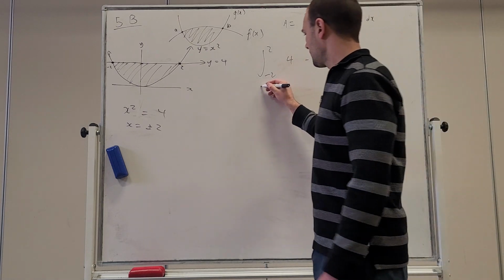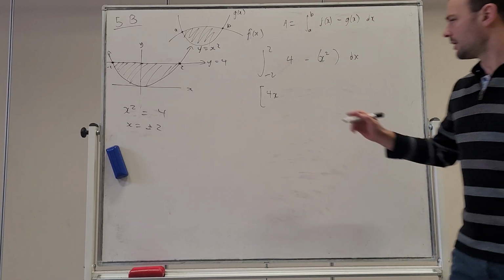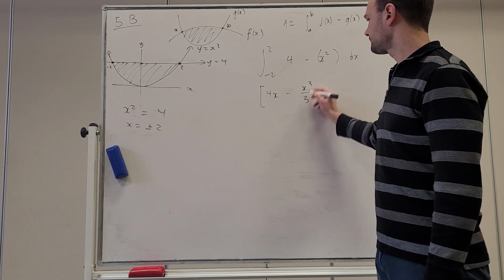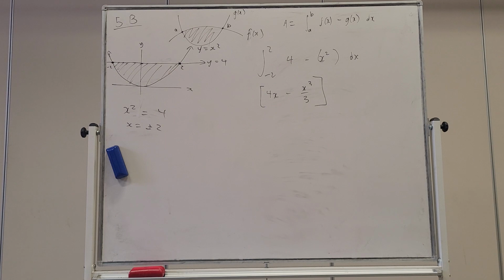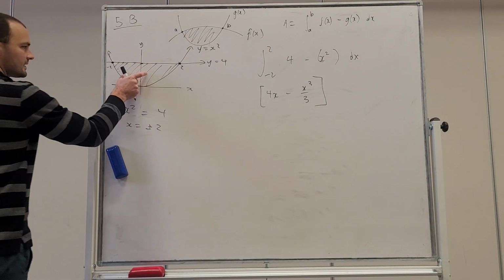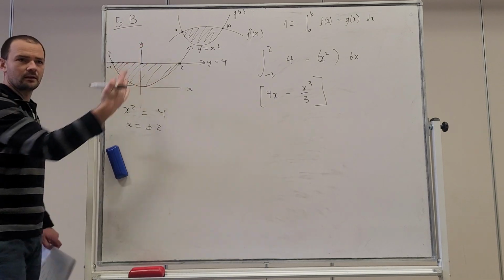So this goes to 4x, all right, and this goes to x to the power of 3 on 3. Now I'm going to make this a little bit easier for myself, okay? Because notice how this area, it's symmetrical about the y-axis, all right?